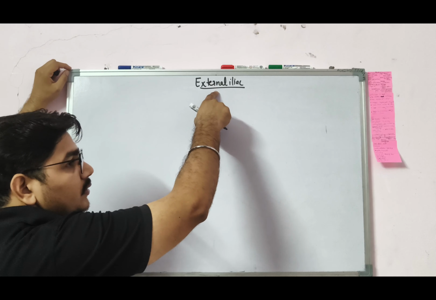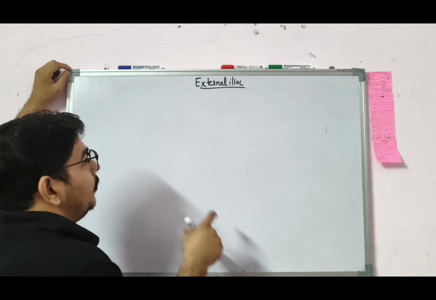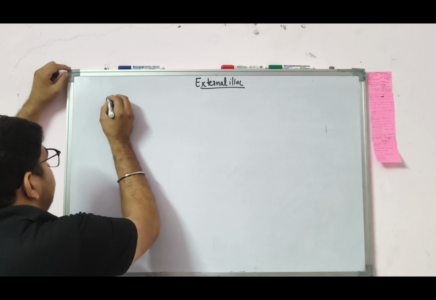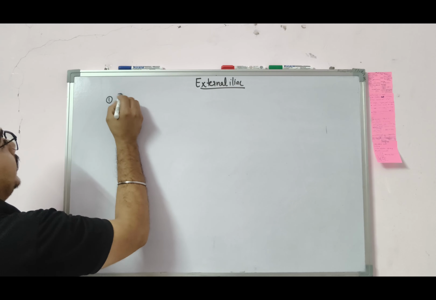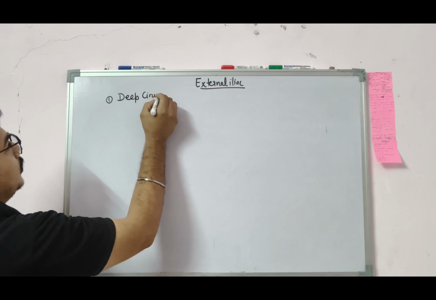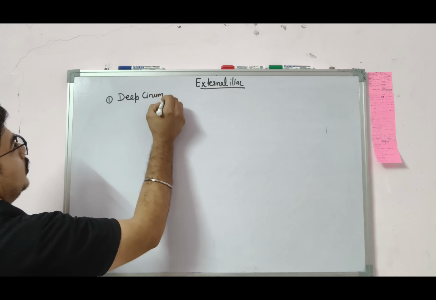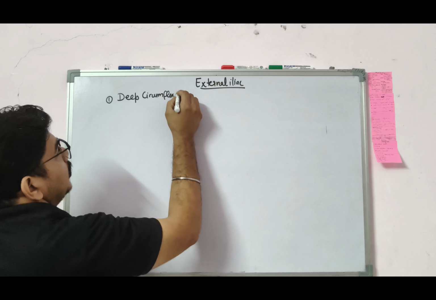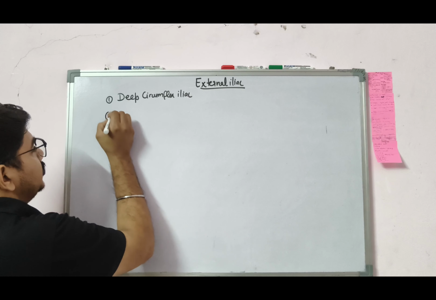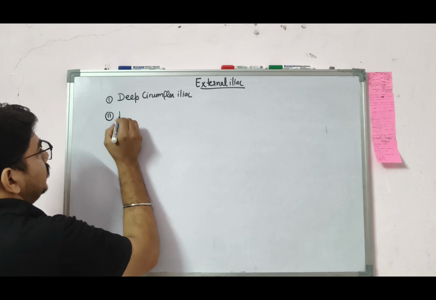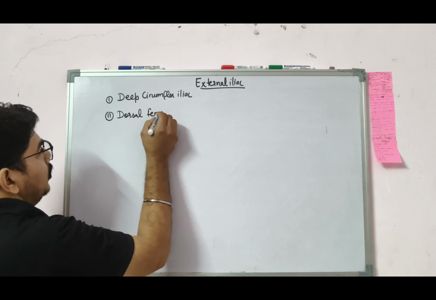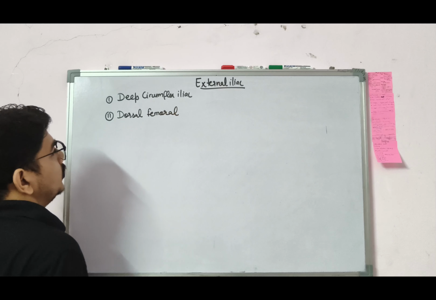It supplies the hind leg by giving its first branch, named deep circumflex iliac. The second branch is dorsal femoral.